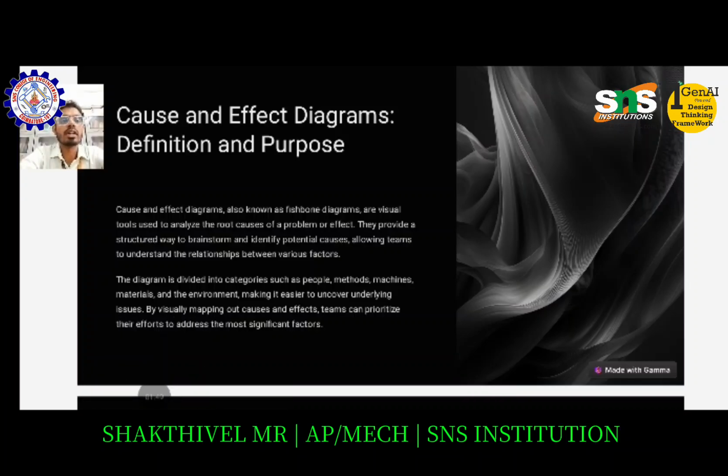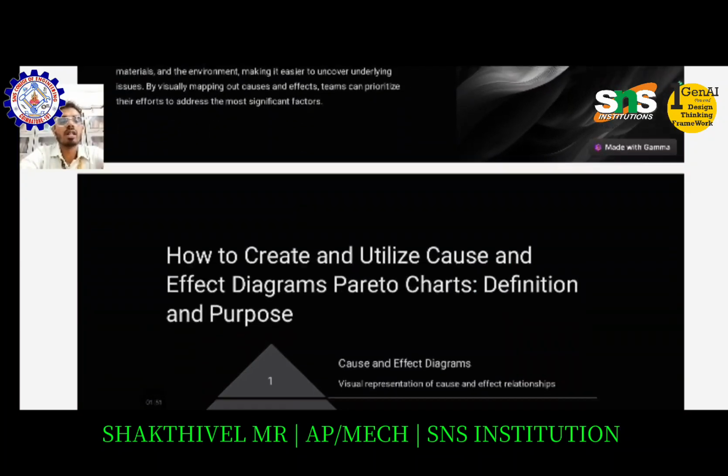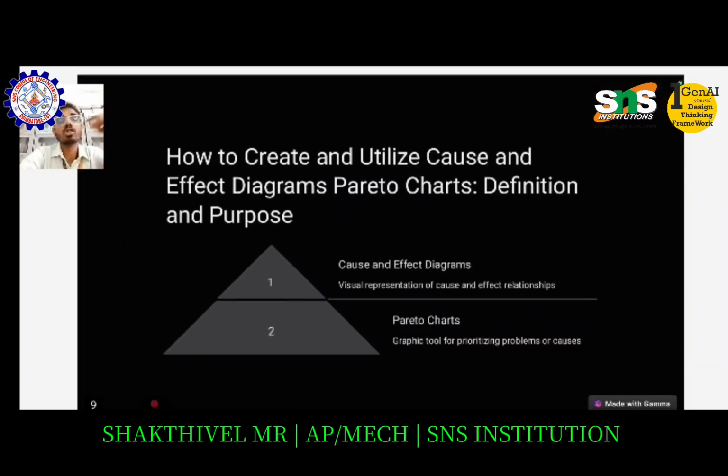One of the most important things is the utilization of cause and effect diagrams using Pareto charts, and how we can realize the problems and how they can overcome the causes and effects. It is a visual representation of cause and effect relationships. It can analyze the problem before it affects the product or the process.